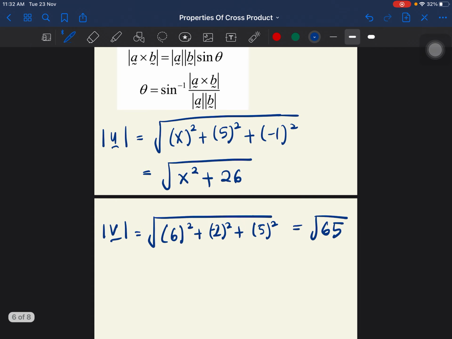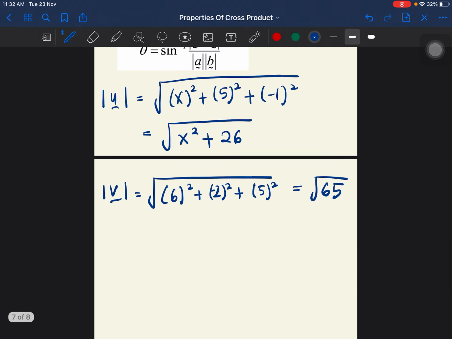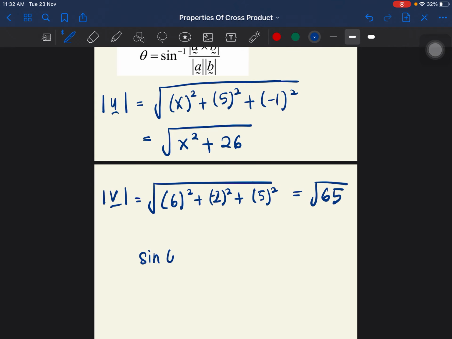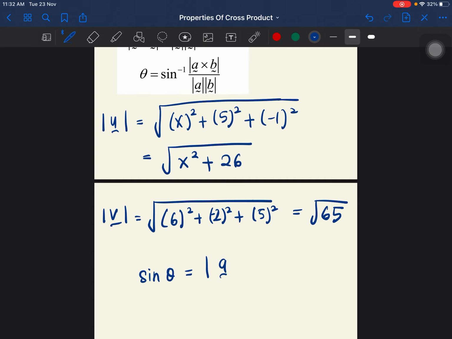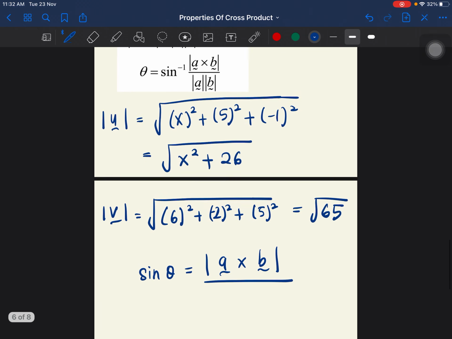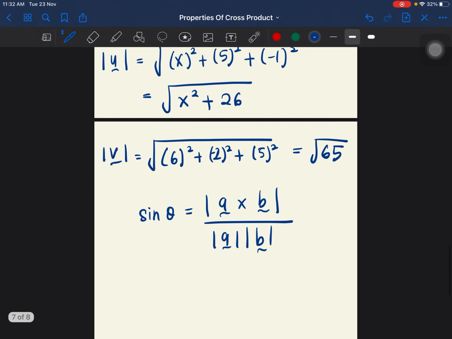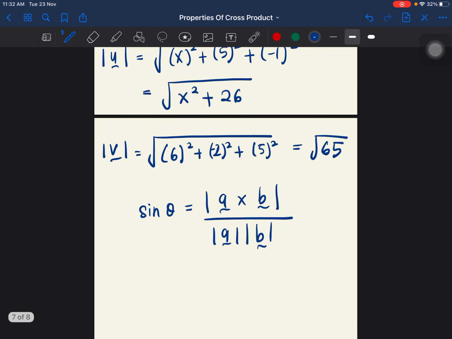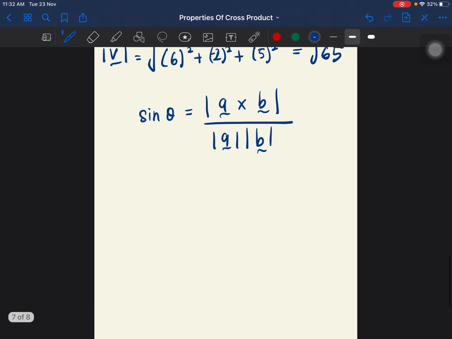Given to you, by applying the formula here, if we rearrange it, you actually have sine theta is equal to the magnitude of A cross B over the magnitude of A multiplied by the magnitude of B. And you know that your theta is equal to 86.39.